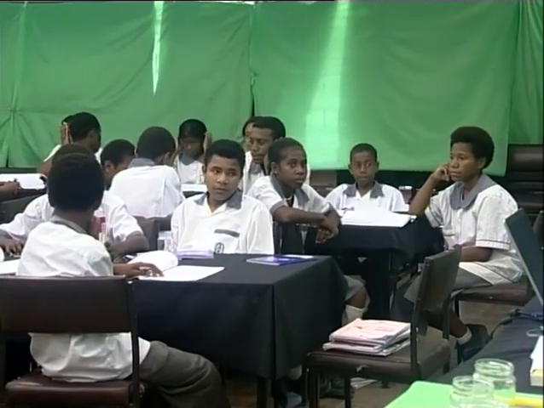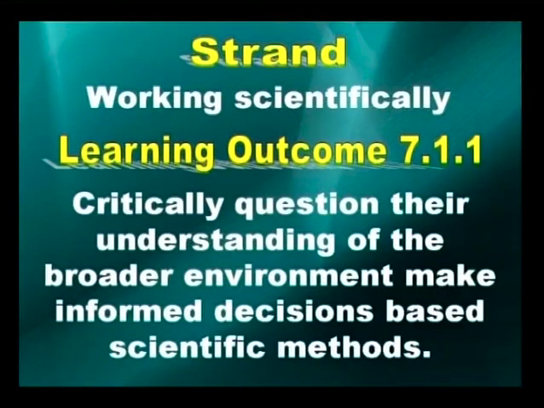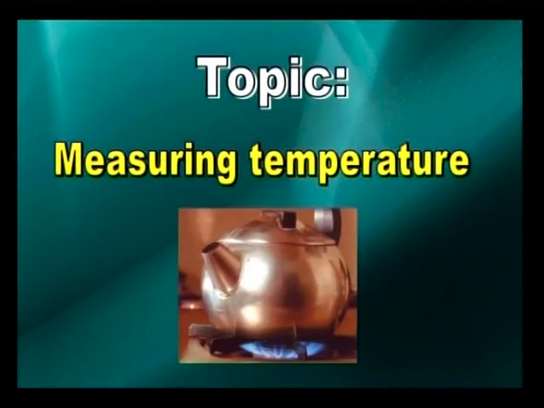Now, our lesson topic is on measuring temperature, but we are still on the same strand, working scientifically, and our learning outcome is 7.1.1. Measuring temperature, receiving students and teachers, that is our topic for today.